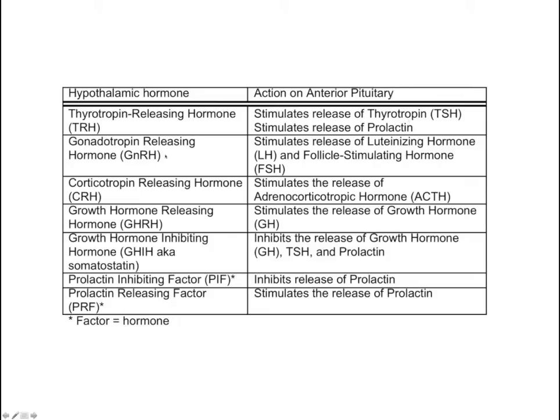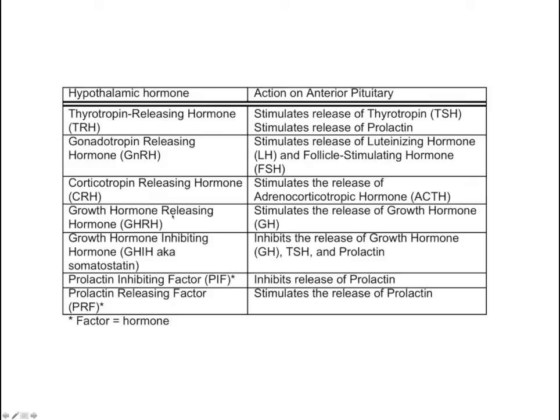You have gonadotropin releasing hormone that's involved in reproduction, and that stimulates LH and FSH. And then corticotropin releasing hormone from the hypothalamus stimulates the release of adrenocorticotropin hormone that's important in the release of cortisol, and we'll be talking about that in the relevant lecture.